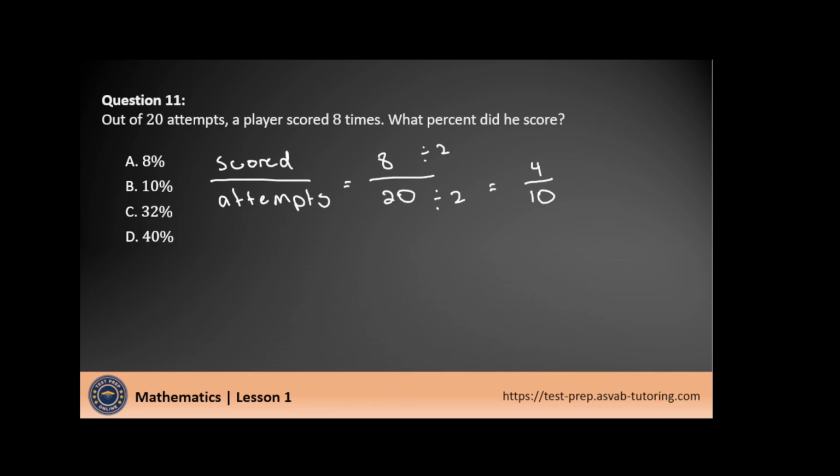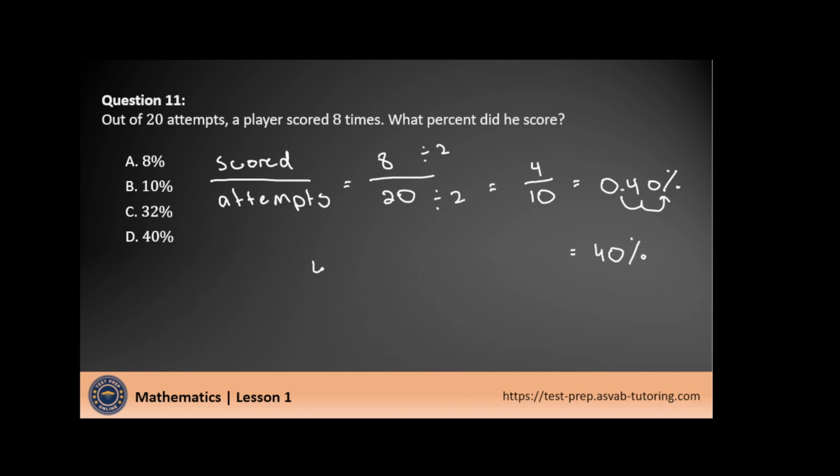And then we should know that 4 over 10 equals 0.4, which we can write as a percent by moving the decimal 2 places, creating a 0 here. So 40%. 4 over 10 equals 0.4, which equals 40%.